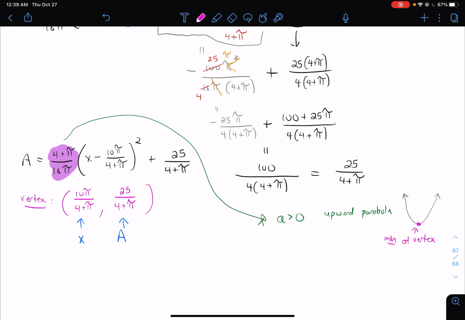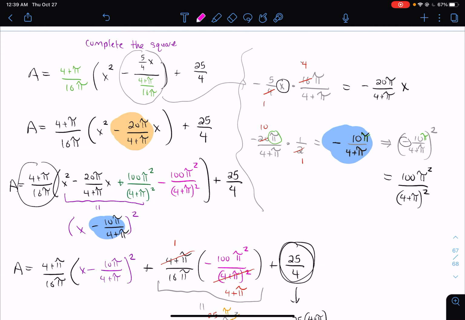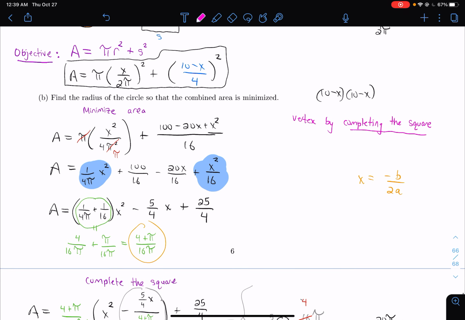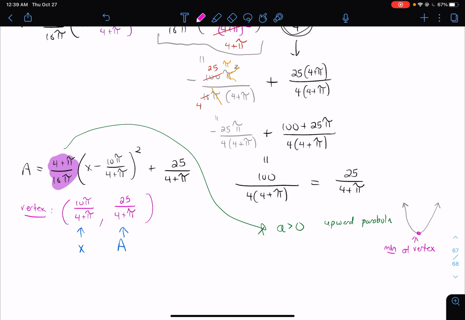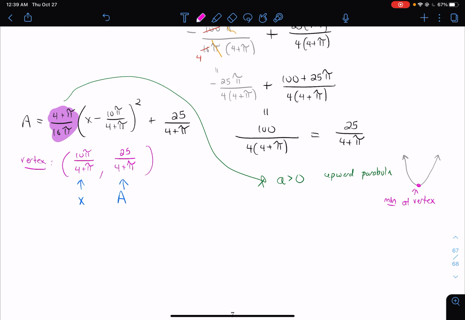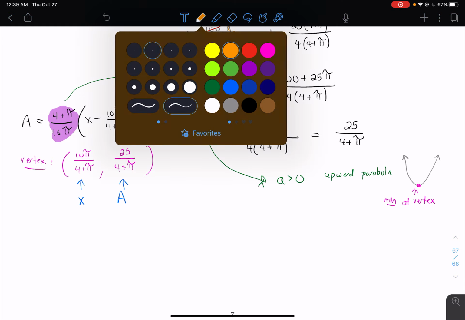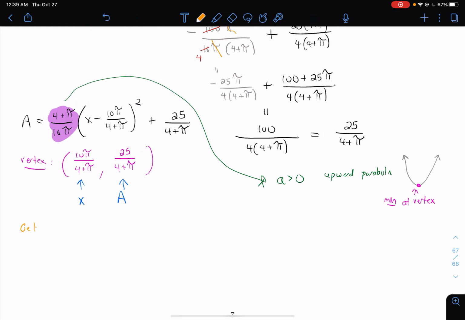Okay, so I just have to make sure that I answer what this problem asked for, and that is the radius. So how could I get the radius, knowing what x is and what A is? I had an equation for the radius.